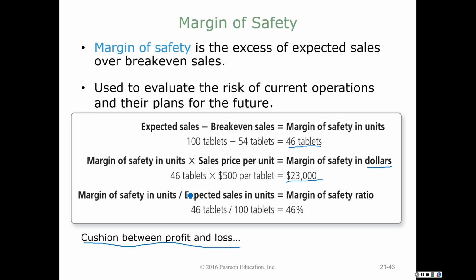Then we can also do this with a ratio. Our ratio is the margin of safety in units, which we said was 46 units, divided by the estimated number of tablets that you think you're going to sell.